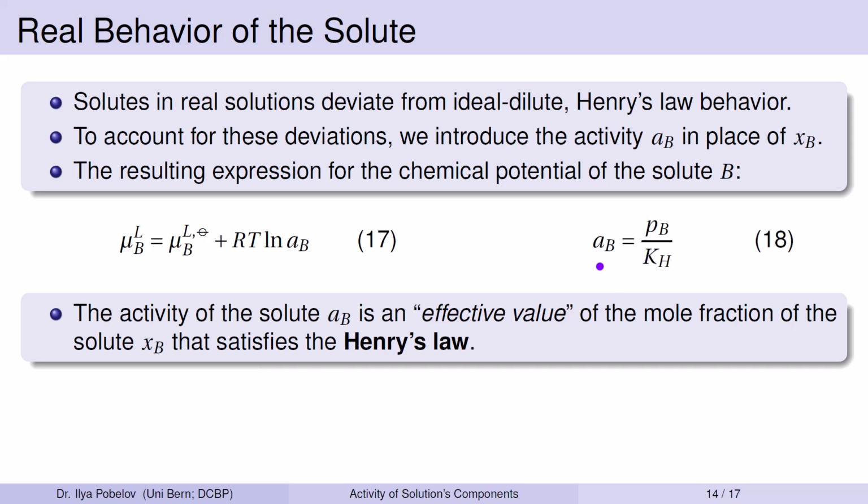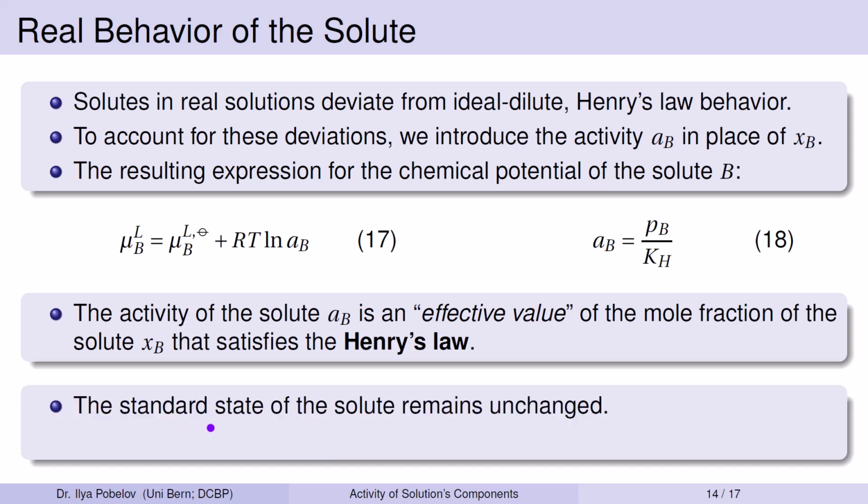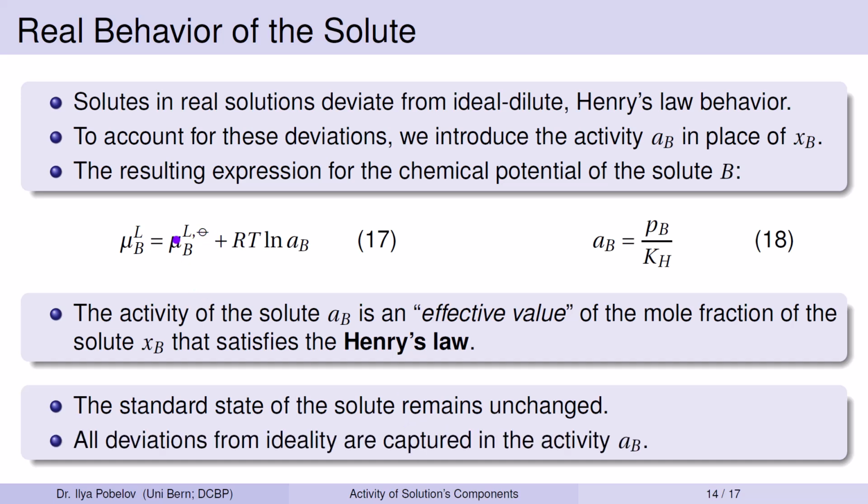It means that this effective value, the activity, is given by the ratio of the partial pressure of the solute in equilibrium with the solution to the Henry's law constant. The standard state of the solute remains unchanged. This indicates that all deviations from ideality are captured in the activity.